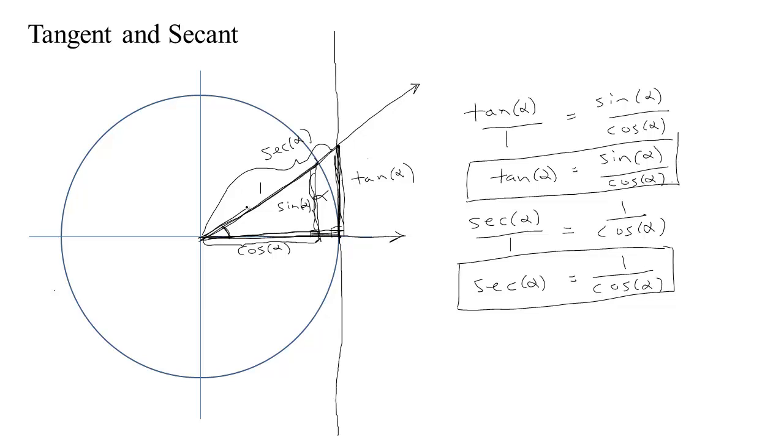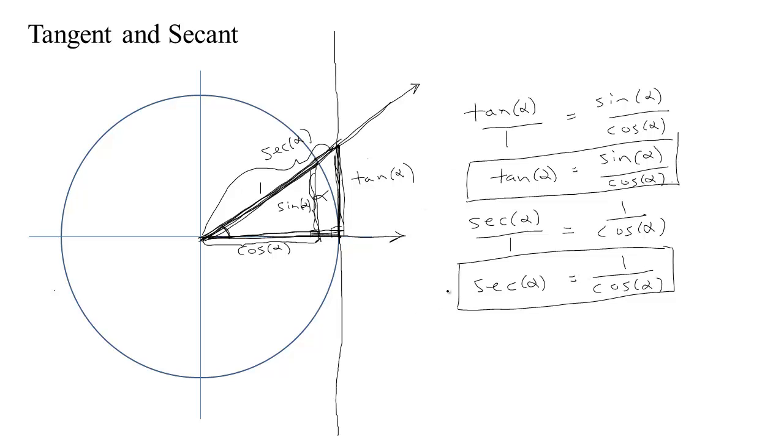And the secant gives you this distance basically from the origin to where you hit that. Secant means to cut, and you can see that this ray cuts through the tangent there, so it cuts through the circle as well. So that's why it's called the secant. So you need to have those two ratios defined so that you can work with tangent and secant in terms of sine and cosine. You need to have those two ratios memorized so that you can do that.